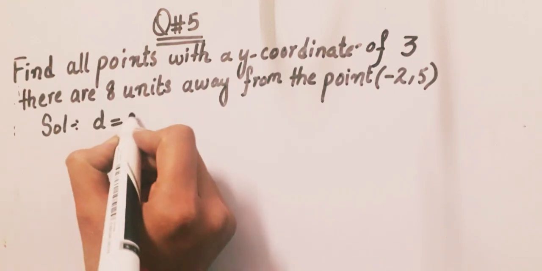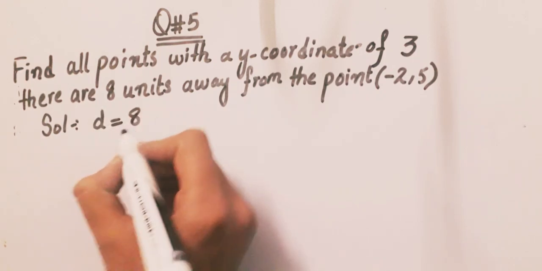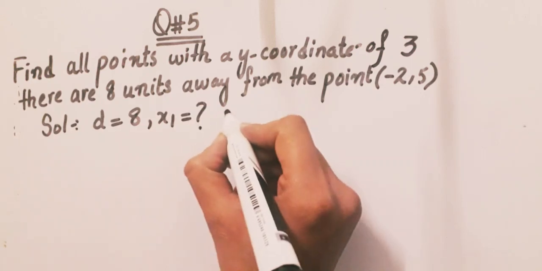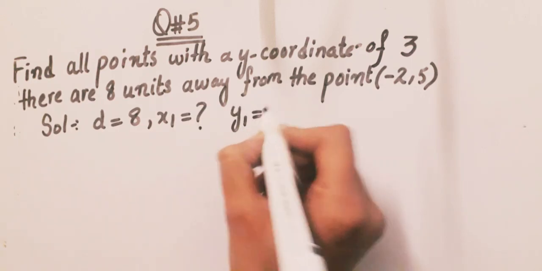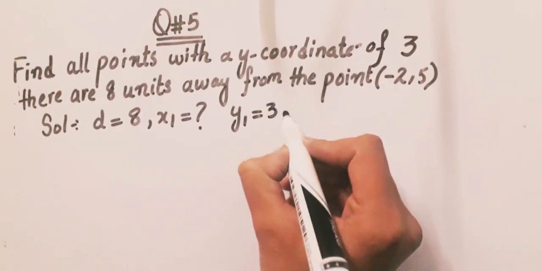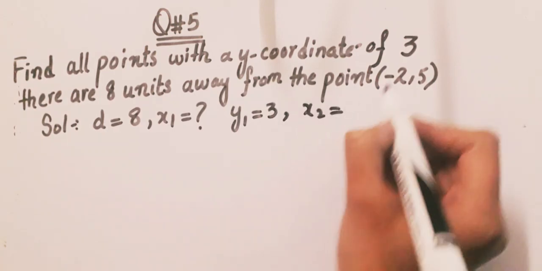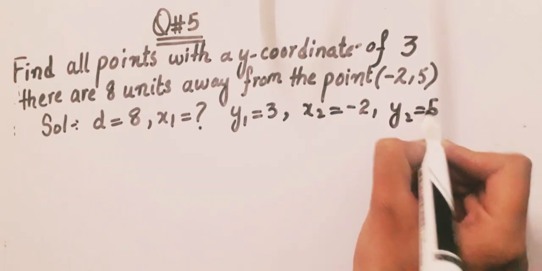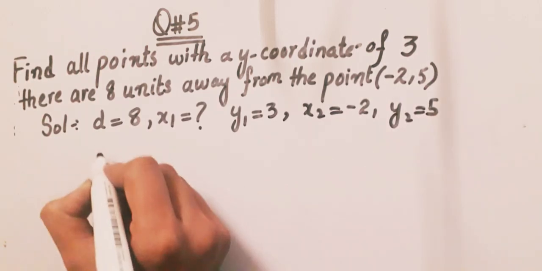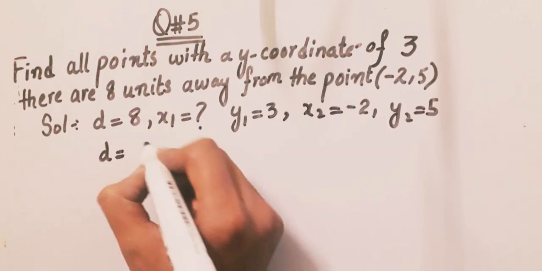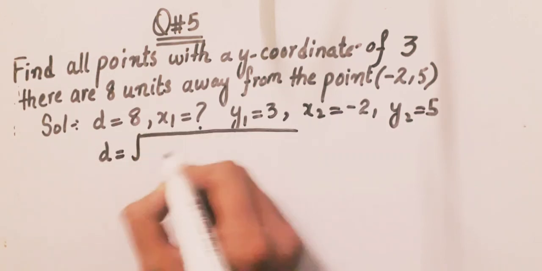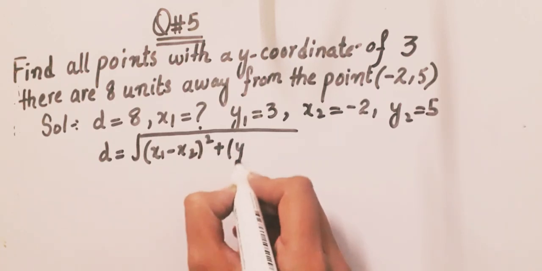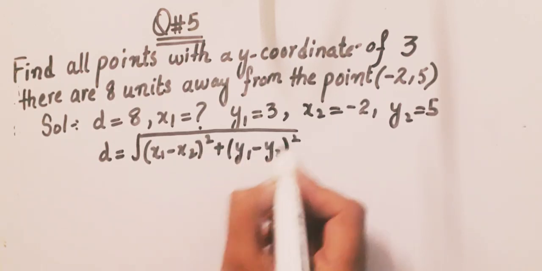D is equal to 8. Distance is given and x1 you have to find and the value of y1 is 3. And x2 is equal to minus 2 and y2 is equal to 5. We will use the distance formula, that is D is equal to square root of x1 minus x2 whole square plus y1 minus y2 whole square.